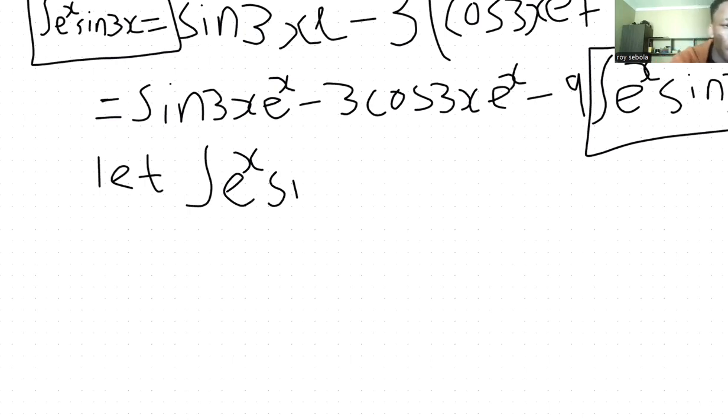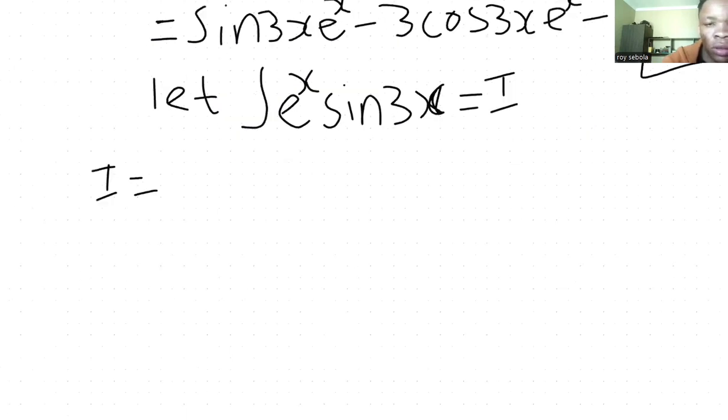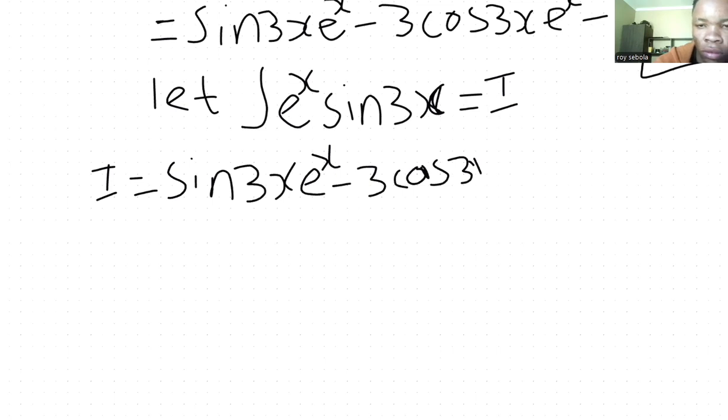Therefore, I is equals to sine 3x e to the x minus 3 cos 3x e to the x minus 9.